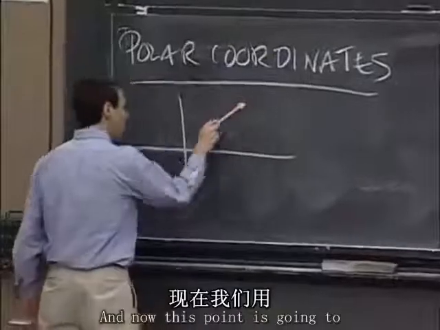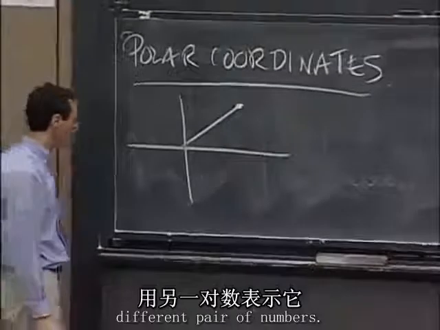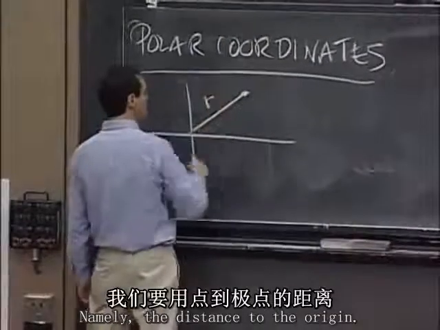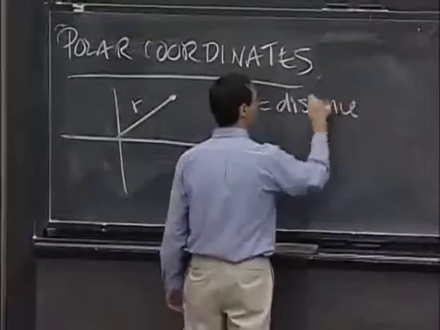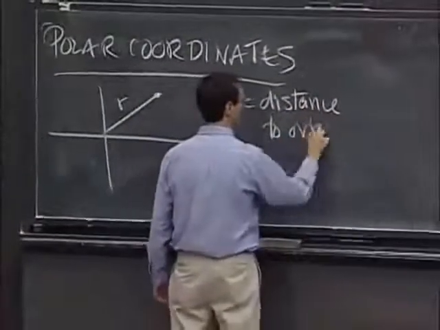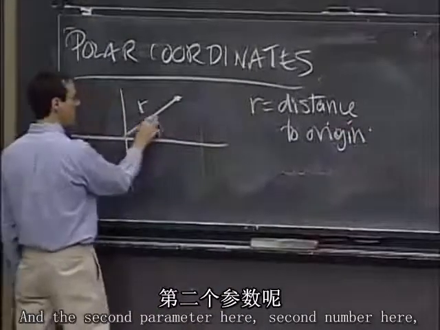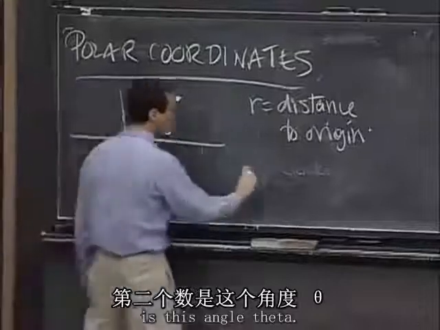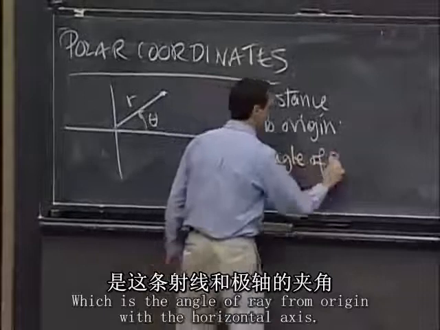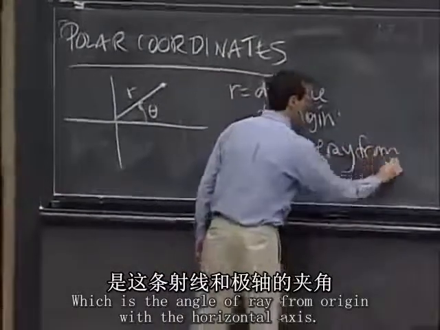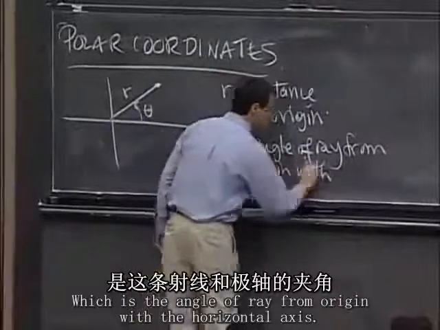And now this point is going to be described by a different pair of coordinates, different pair of numbers, namely the distance to the origin, and the second number here is this angle theta, which is the angle of the ray from the origin with the horizontal axis.